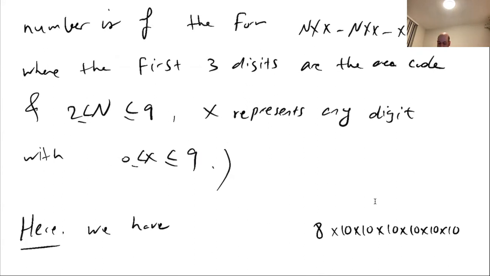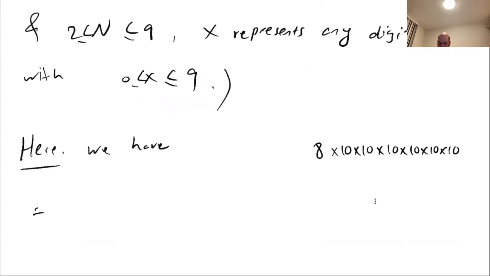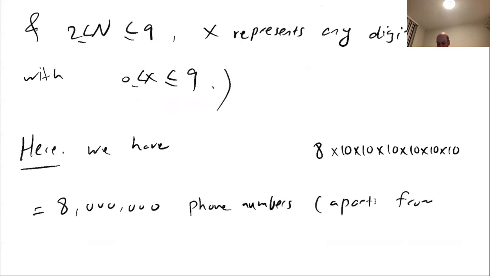And for the remaining 6 x's, we have 10 options for each. So that's going to be 8 million phone numbers apart from the area code, because I want to know how many area codes I need.